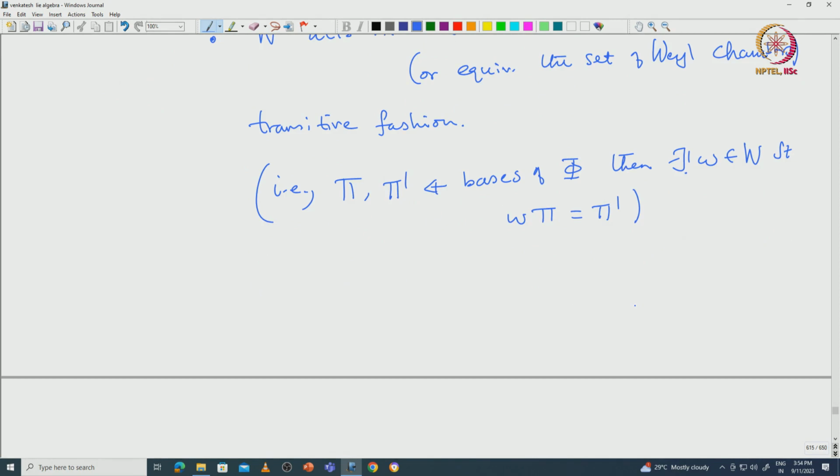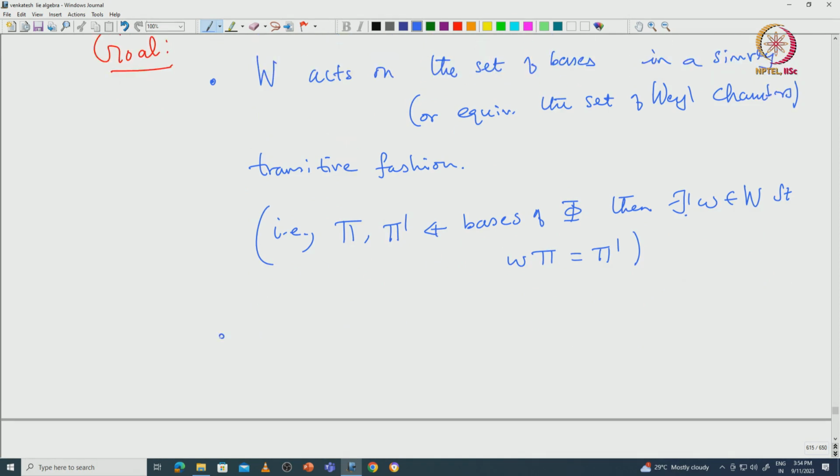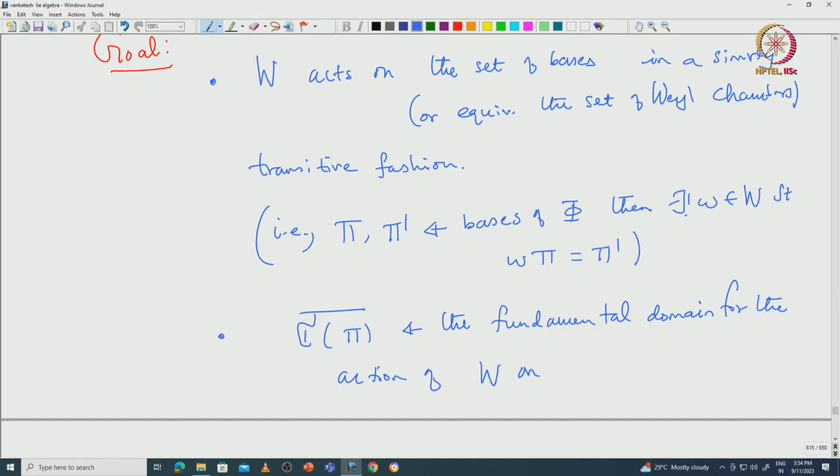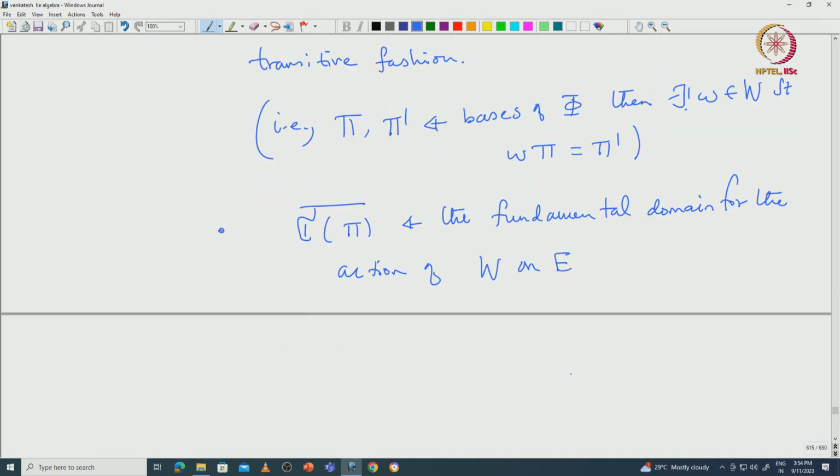So, this is what simply transitive action means. And the second goal: we can talk about the fundamental domain for the action of W on V. We will prove that this C of pi bar is the fundamental domain for the action of W on capital E. Again, what is the meaning of that?